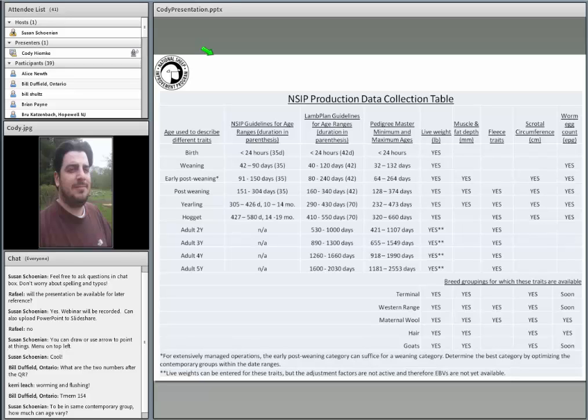NSIP has always preferred a little bit of a tighter window with 35 days. So that's basically the duration of that contemporary group. And Lamb Plan will automatically break those contemporary groups if they are over 42 days in length.